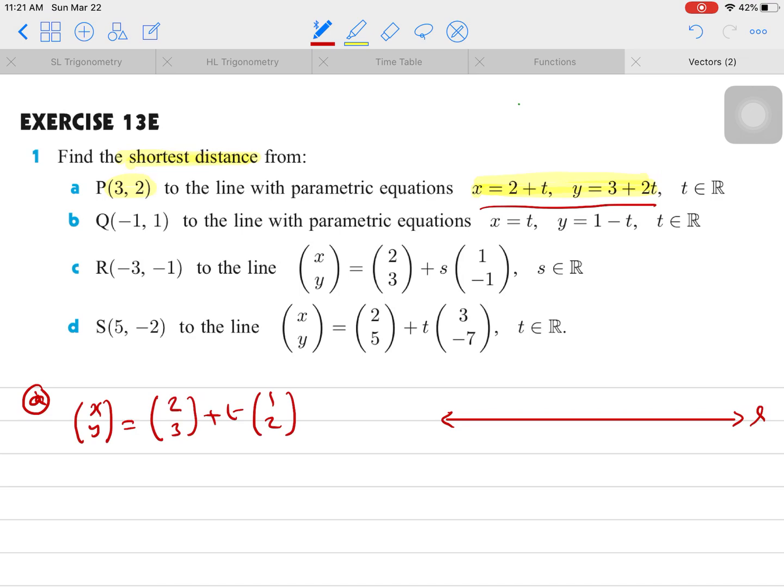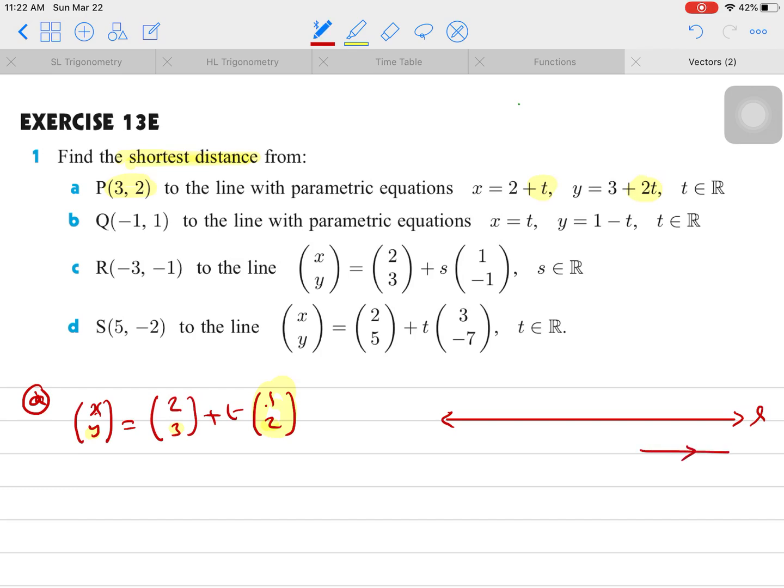When I equate the i coefficients, I get x equals 2 plus 1t, and when I equate the j coefficients, I get y equals 3 plus 2t. Or rather, I could have picked it up directly from the equation. The coefficients of the parameter give me the direction vector. (1, 2) is the direction vector.